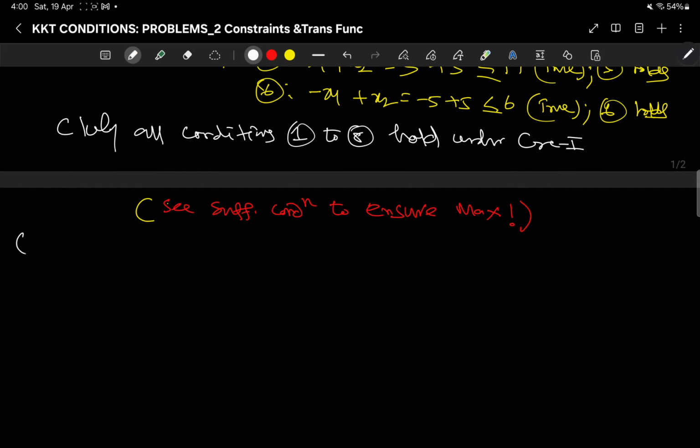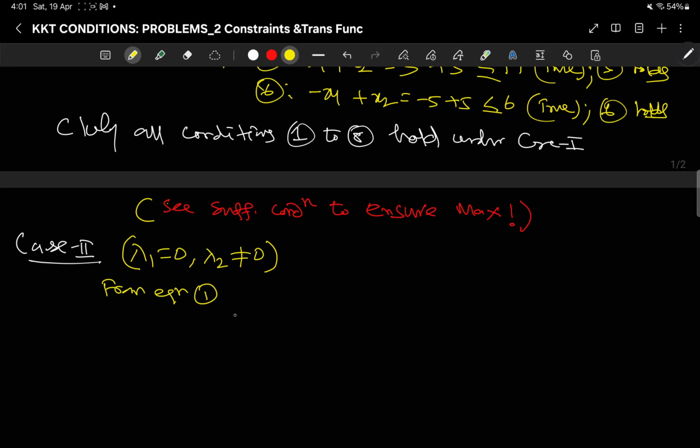Now coming to your case 2. In case 2 you have lambda 1 equal to 0, lambda 2 not equal to 0, right? So from equation 1, you have 10 minus 2x1 minus lambda 1 is equal to 0.